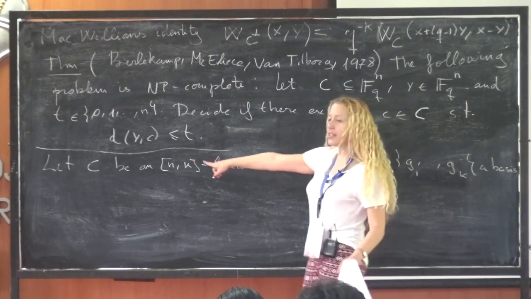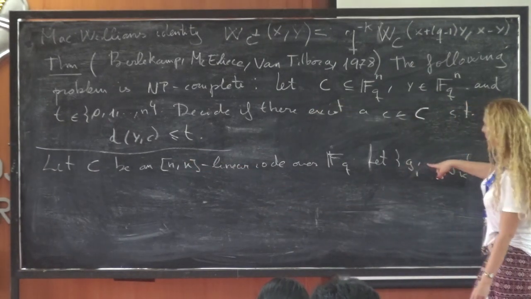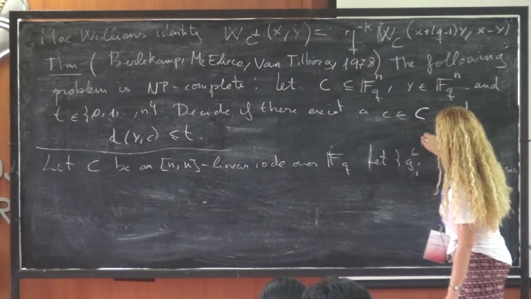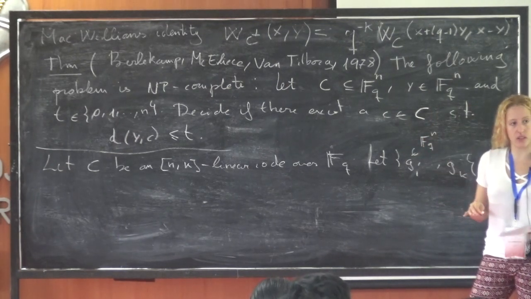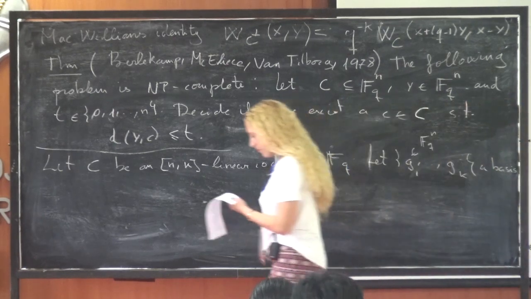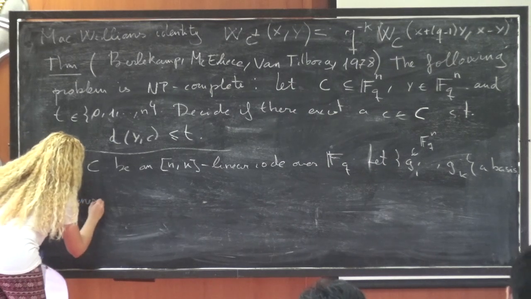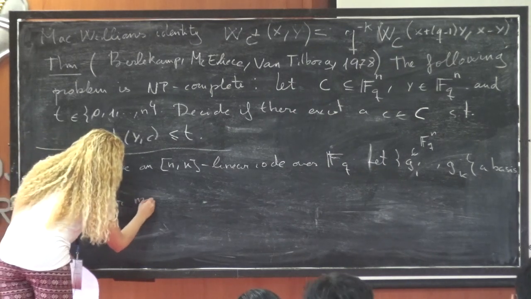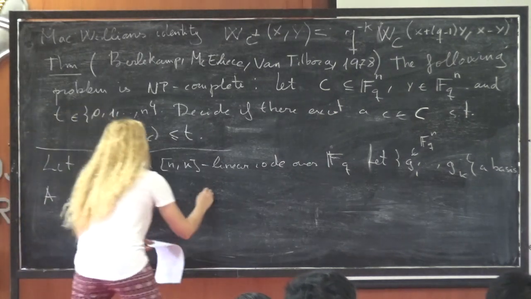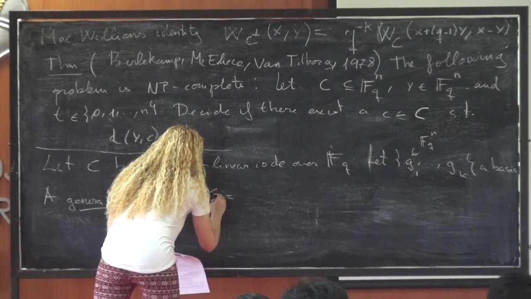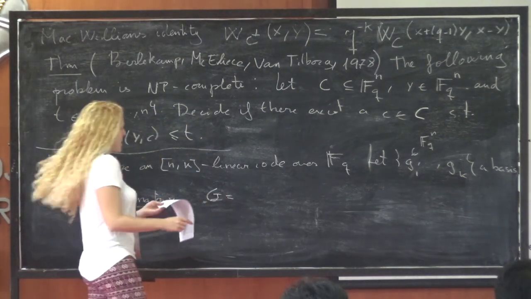Because the dimension is k. Each of the g_i here are vectors in F_q^n, so they have n coordinates. We call a generator matrix for the code just a matrix G that is made up of those vectors of the basis.